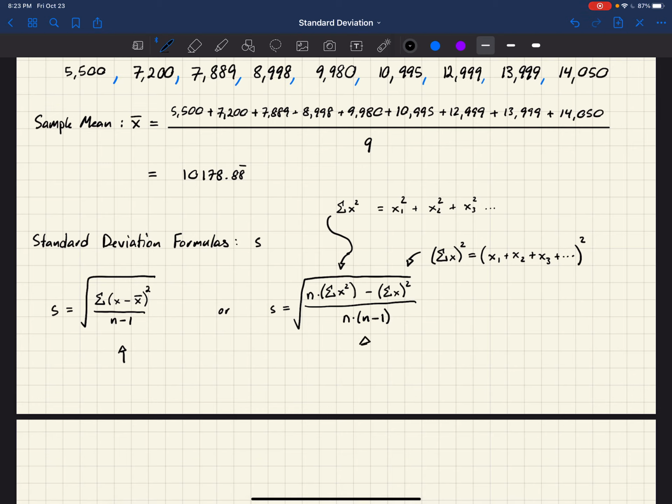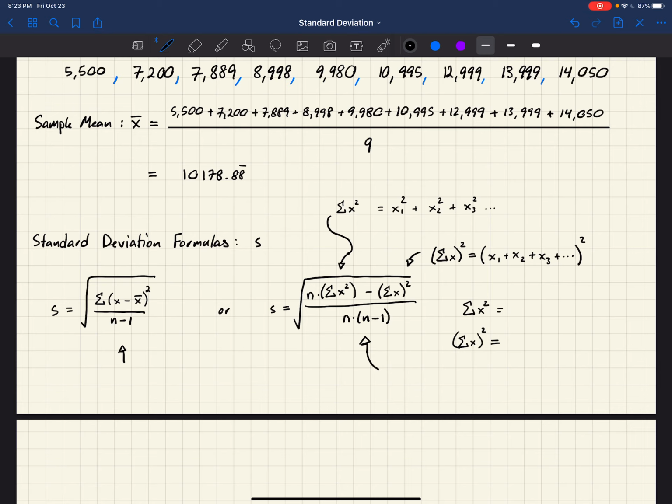This formula over here works just as well, and this one may be preferred if you need to separately compute the sum of the squares and the square of the sum separately. Then you can plug each component into this formula on the right a little bit more easily.